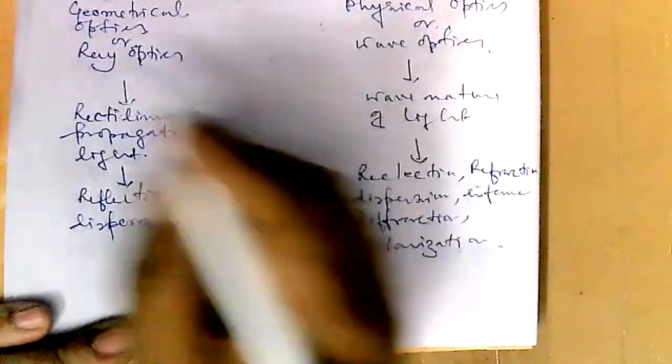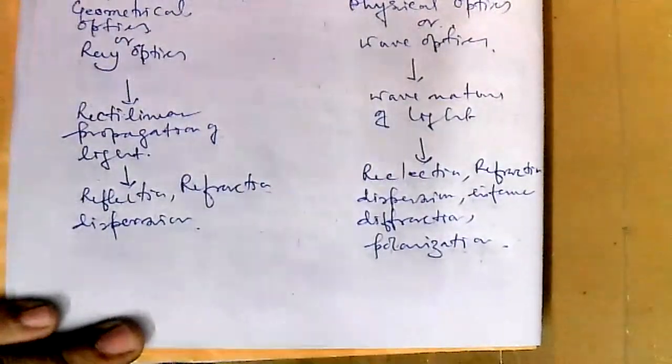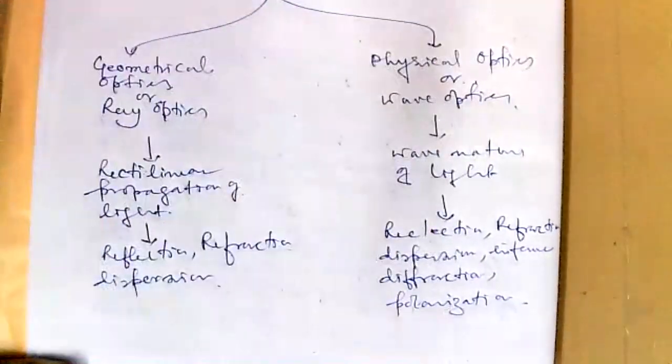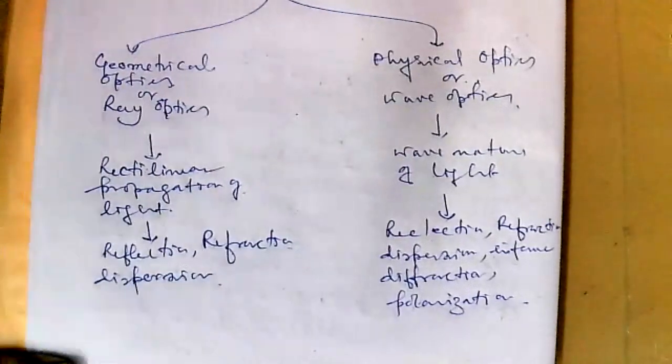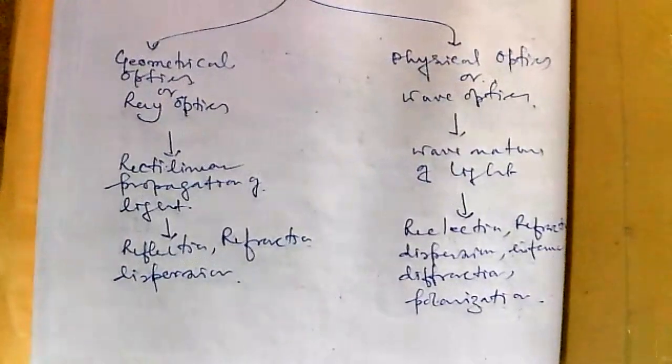So laws of ray optics can be generated using laws of wave optics. Here basically we are considering some approximation that light is moving in a straight line. Light moving in a straight line is called rectilinear propagation of light. Okay.